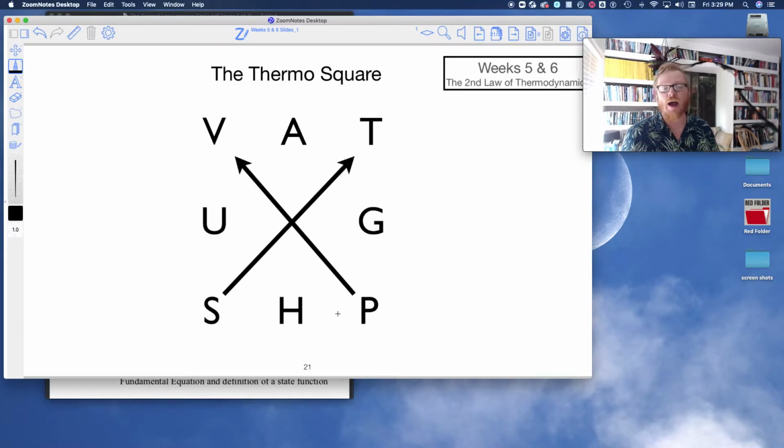Okay, so what you do have to memorize is this: VAT, UG, SHP, arrow pointing from S to T, and arrow pointing from P to V. So you have to remember this, okay?